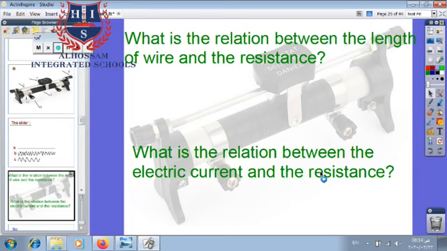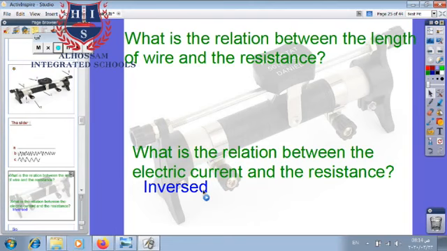It is the opposition that the electric current faces in the electric circuit. So, as the resistance increases, what happens to the electric current? It will decrease. Yes, very good. So there is an inverse relationship between the electric current and the resistance.